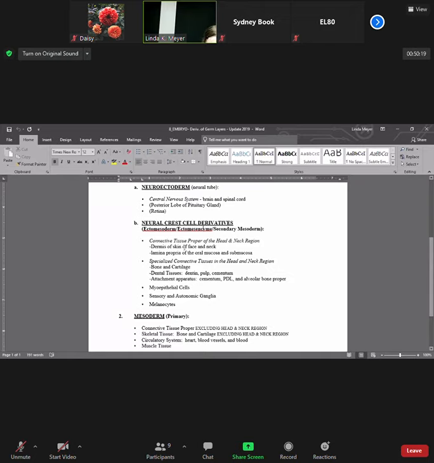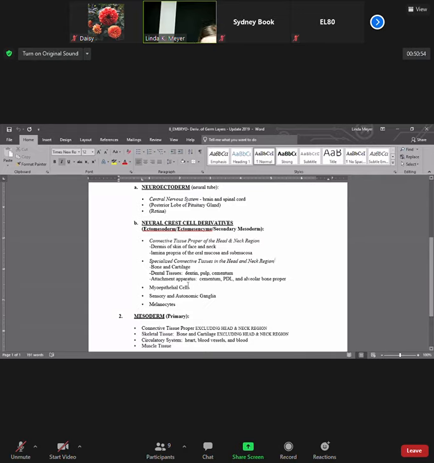So that would include the dermis of the skin, it would include the lamina propria, the submucosa, and all of the specialized connective tissues in the head and neck. All of our bones, and also cartilage, which we didn't really study in this course, and then all of the dental tissues except enamel are specialized connective tissues that come from this ectomesoderm.